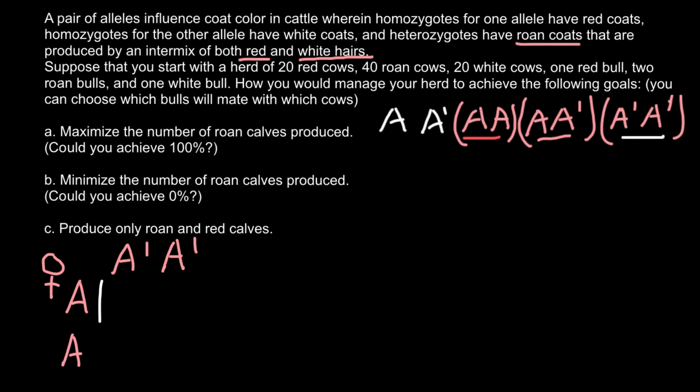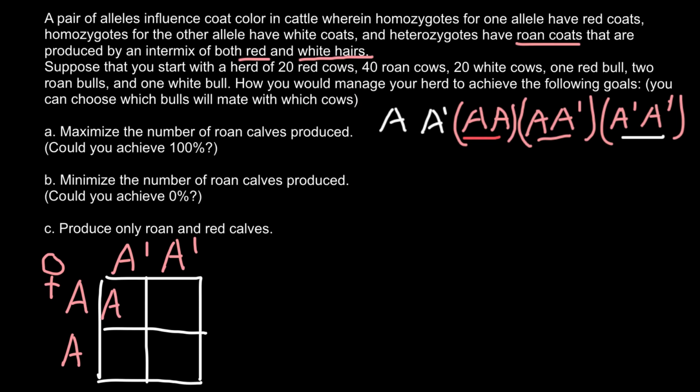As you see, 100% of their progeny are going to be heterozygous, so they will belong to the genotype capital A A prime. Once again, 100% of their progeny would belong to this genotype, and genotype here equals phenotype, and this is going to be a bull.